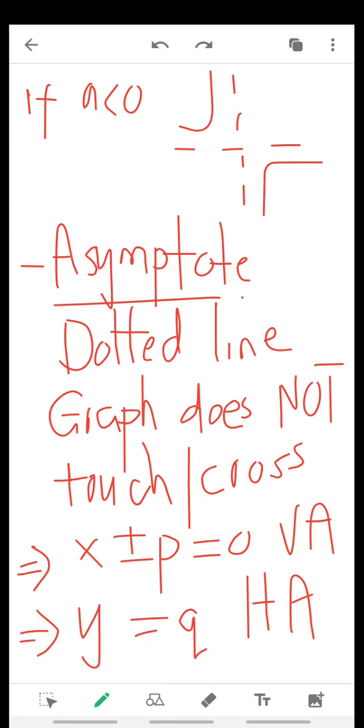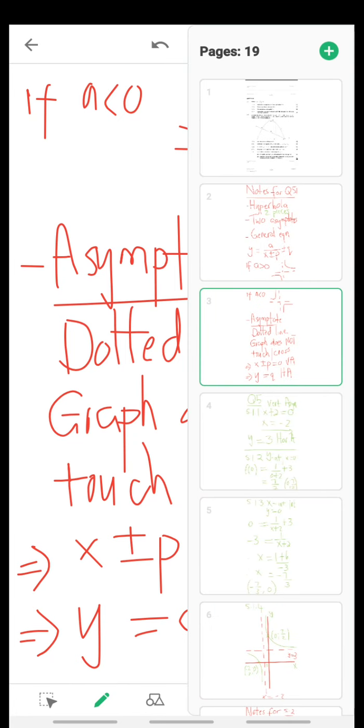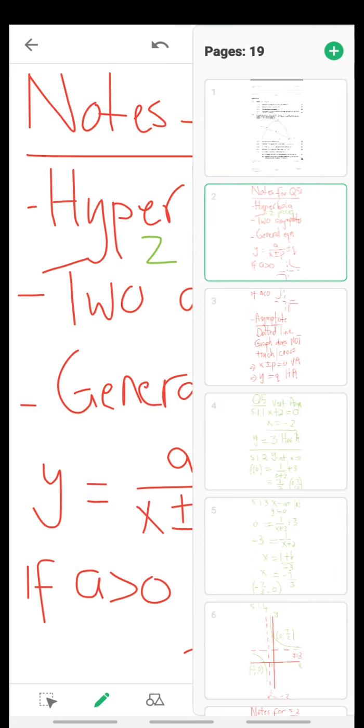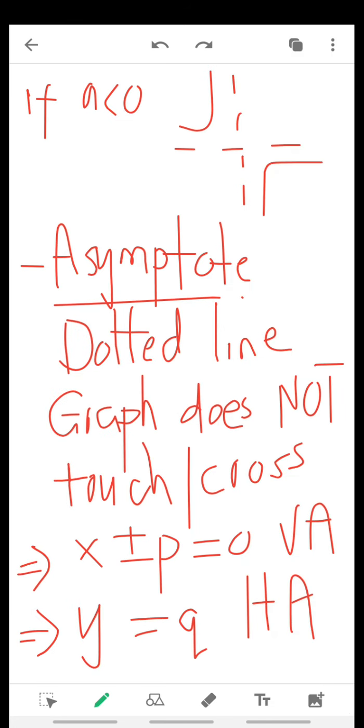The part that says x plus or minus p, when we equate it to 0 and solve for x, what is it that you are finding? You are finding the vertical asymptote. I wrote it as VA, shorthand for vertical asymptote.